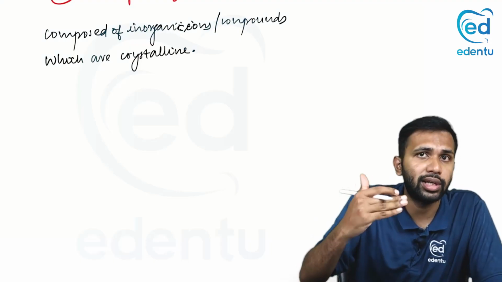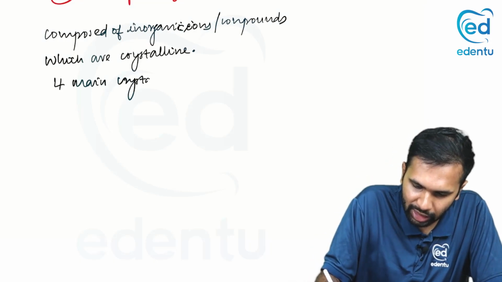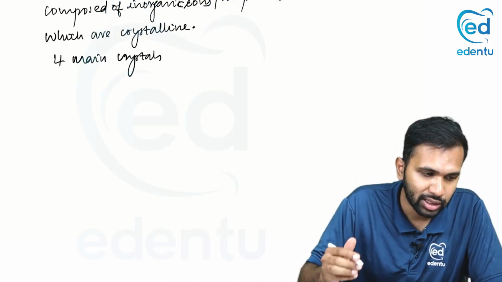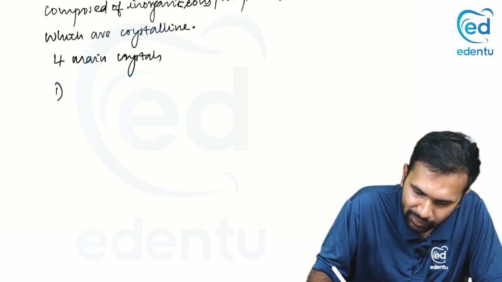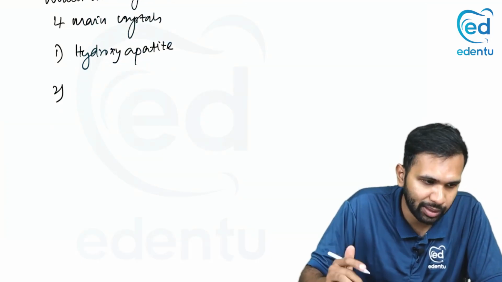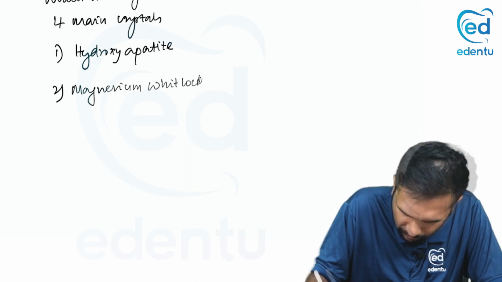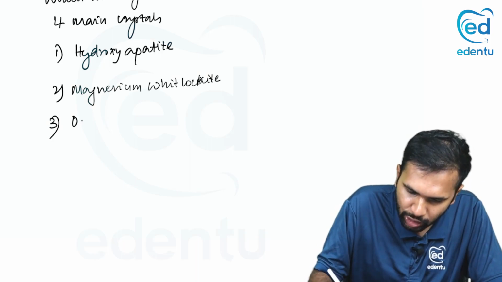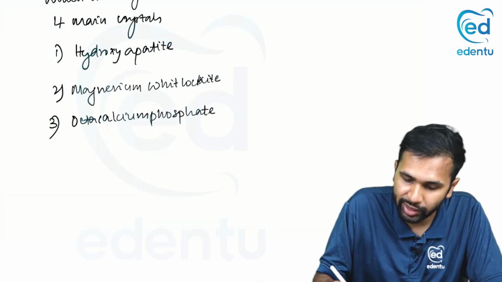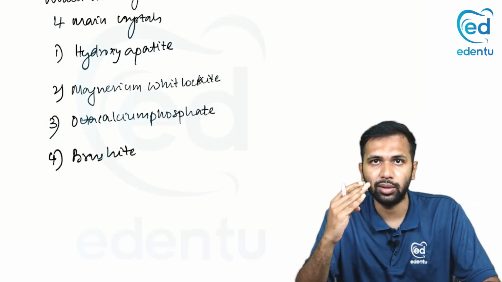Alright, and if I have to describe, there are 4 main crystals that are present in calculus, right? And learn this order that I am teaching you. The 4 main crystals found in calculus are hydroxyapatite, then magnesium whitlockite, octacalcium phosphate, and lastly brushite. Four major crystals found in calculus.